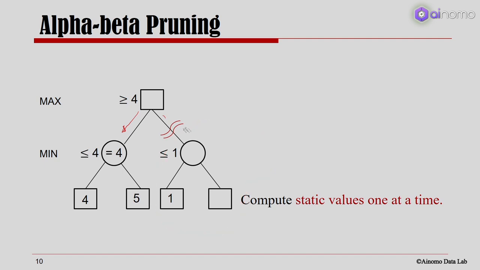Therefore, this tree doesn't exist for him. And once he can cut this tree out, he can update that value to be really 4. So we have got to the same result as in the Minimax procedure, but we have not evaluated even this node. So these values that we have cut out cannot affect the value of the root node.